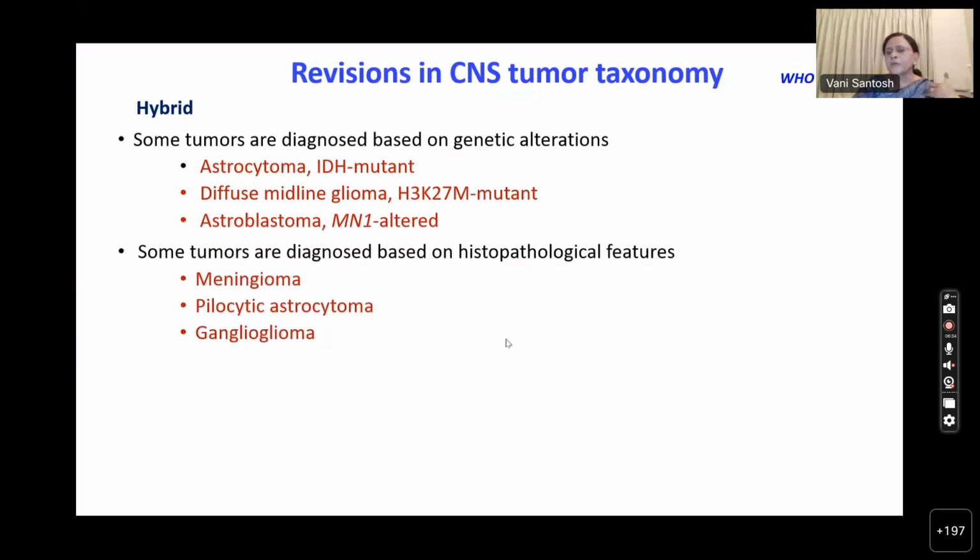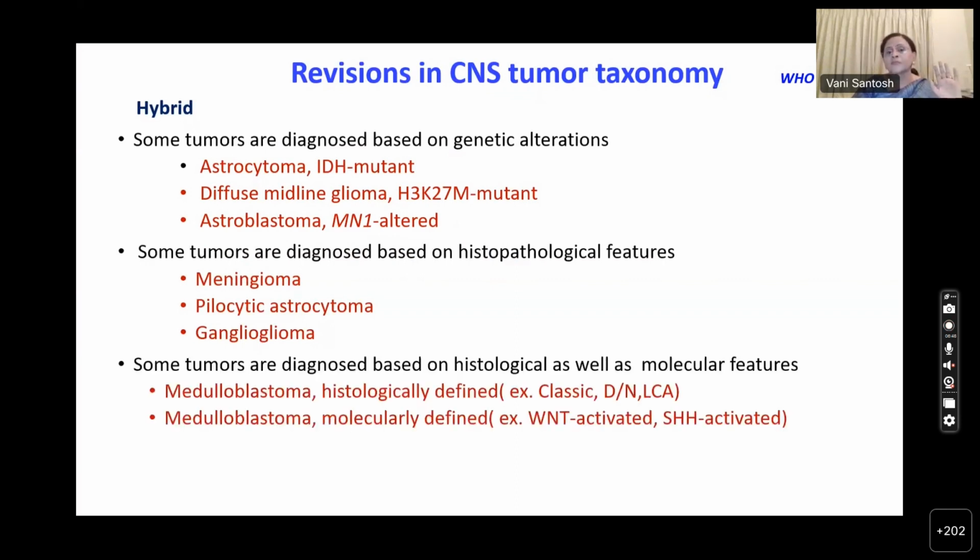But there are some tumors where we can diagnose them only based on histopathological features like meningiomas or pilocytic astrocytomas or ganglioglioma. Sure enough, they do have genetic alterations, but that is not required for the diagnosis of these tumor types. And there are some tumor types that can be diagnosed based on both histological features and molecular features. For example, medulloblastoma.